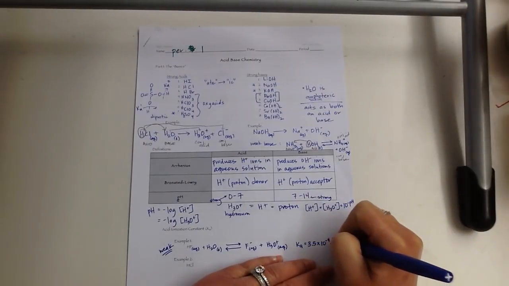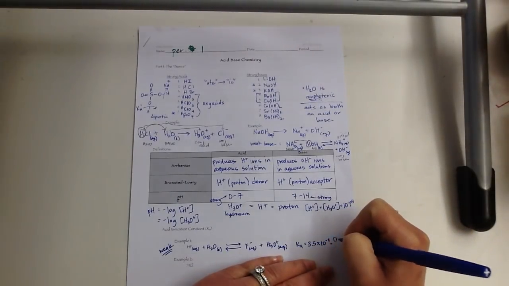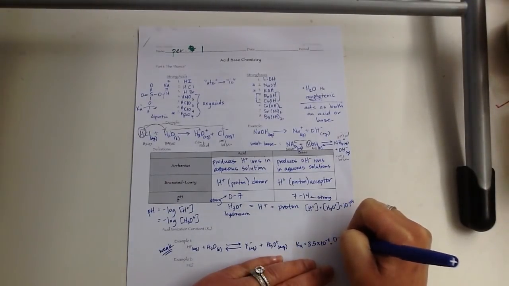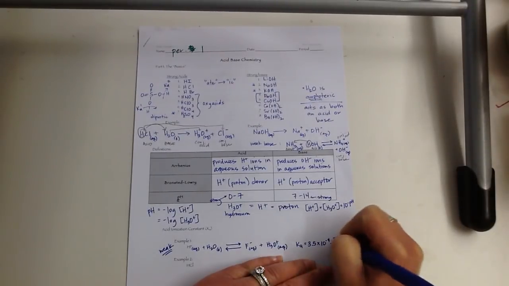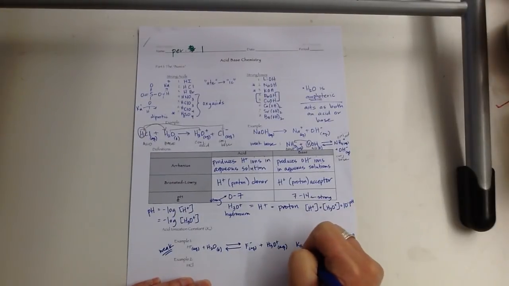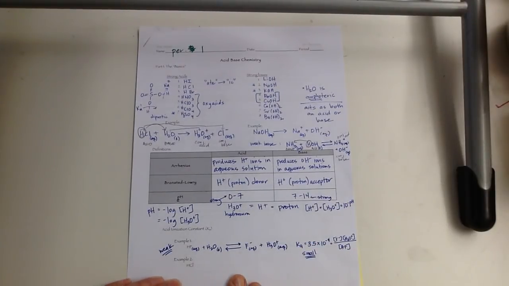And so if I were to write the Ka expression for the dissociation of this acid, it's the concentration of fluoride times the concentration of hydronium ion, product concentrations over reactant concentrations, just like that. Now this Ka value is very small. It's less than 1, and that tells you that it's weak.